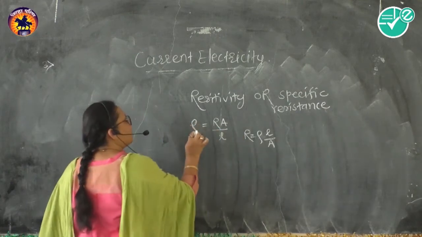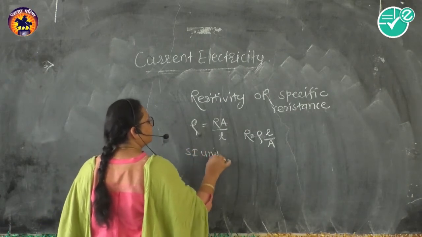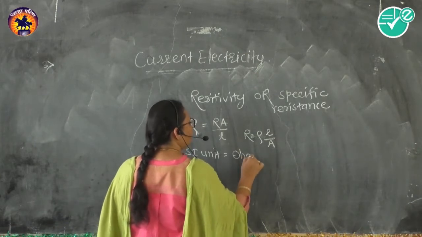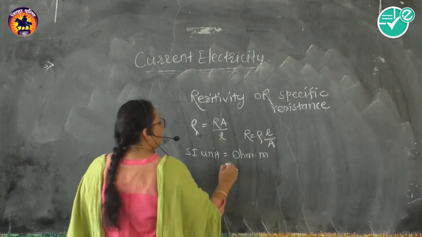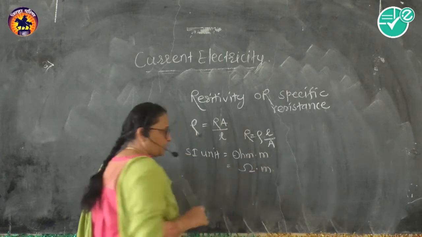Here the specific resistance has an SI unit. From this formula, that SI unit is ohm meter, or symbolically it is also written as ohm meter.